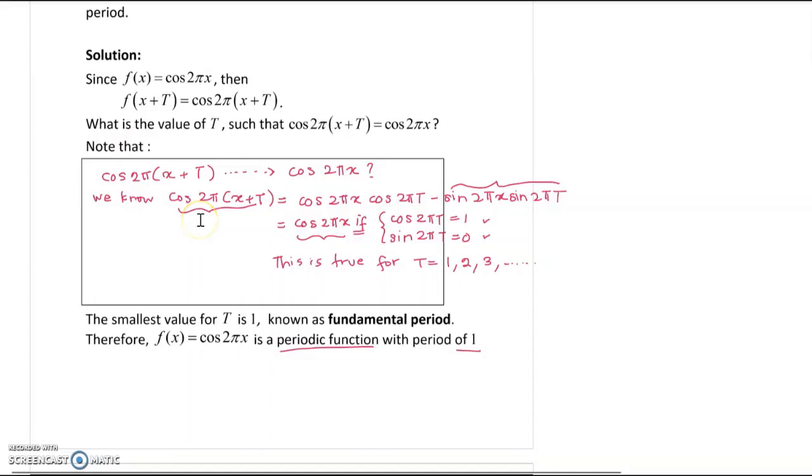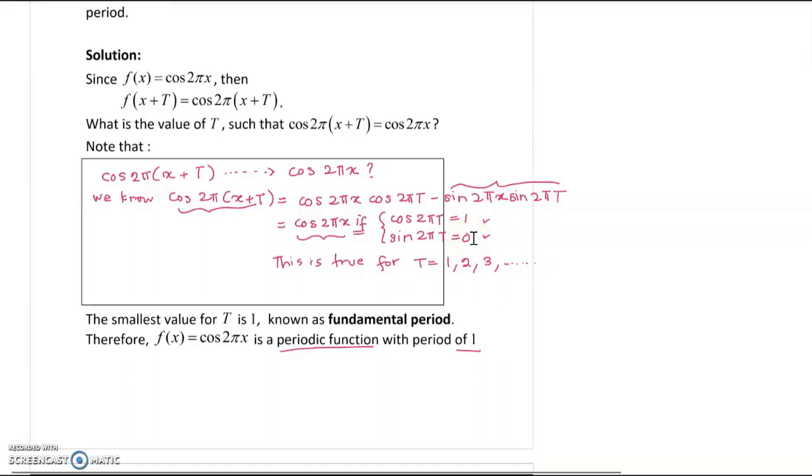The process of proving a periodic function is actually a process of determining whether there exists a value of t that satisfies two equations. Okay, so I'll give you another case. Sometimes when t equals 1, for example, it satisfies the first equation but doesn't satisfy the second equation.